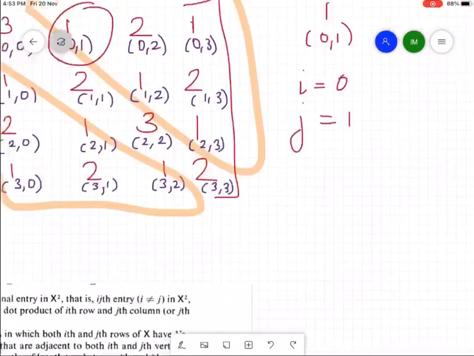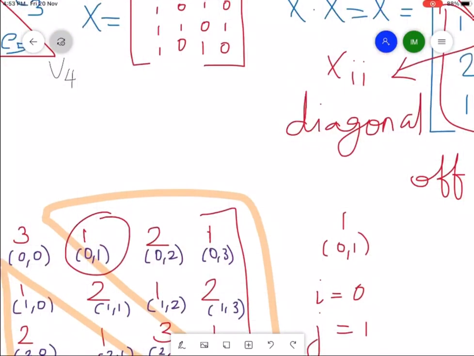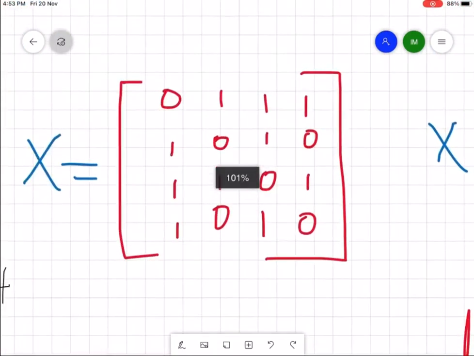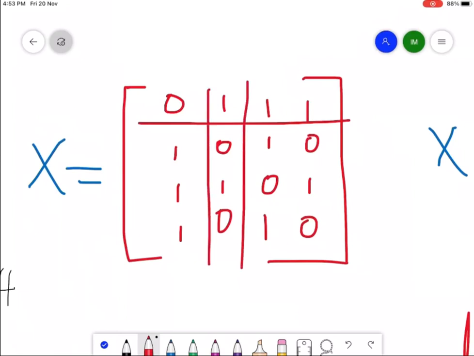Let's check. In the entry we are considering, the i value is 0 and the j value is 1. Let's look at our adjacency matrix. The ith row means the 0th row, and this is my jth column, isn't it?